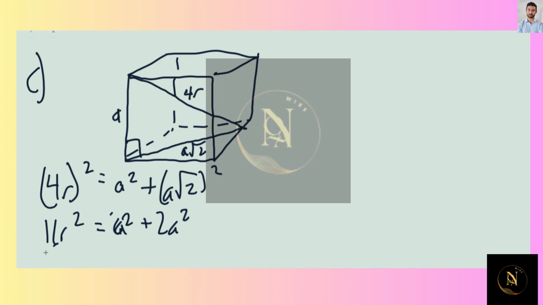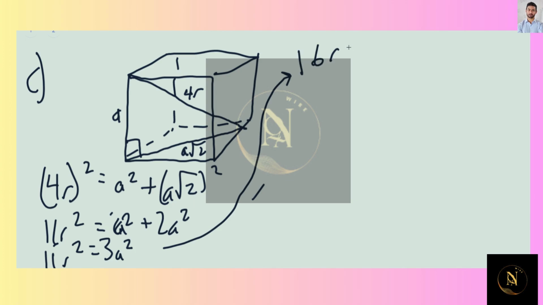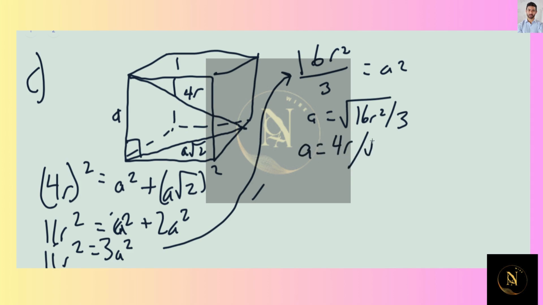Therefore 16r squared equals 3a squared, so 16r squared over 3 is equal to a squared, and therefore a is equal to the radical of 16r squared over 3. So a is equal to 4r over radical 3.